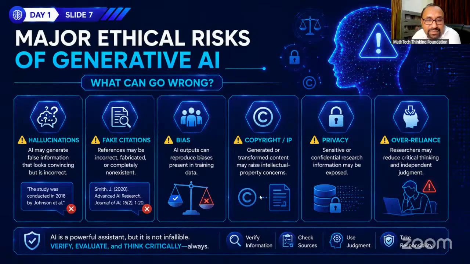The third is the issue of bias. AI systems learn patterns from data. If those data contain biases, the output may also reflect those biases. For example, if we are creating a data set that contains misinformation or doesn't have the correct information, and you develop a machine learning model, the model is trained based on the patterns and the information we have in the database.